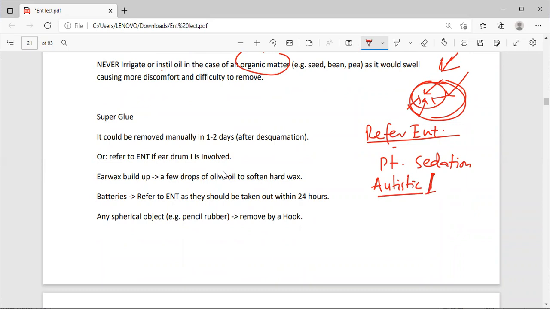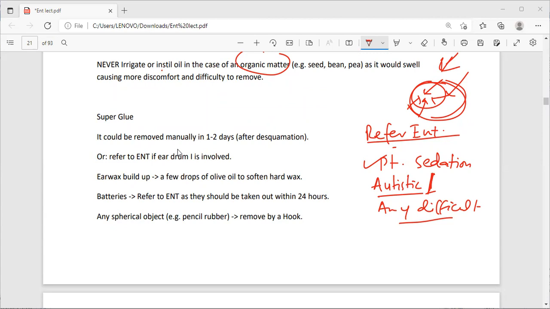Then you have to go to the ENT department to sedate the patient with general anesthesia. If there is any difficulty in removing the foreign body, and you are a GP and you cannot remove it, you have to send it to the ENT department.